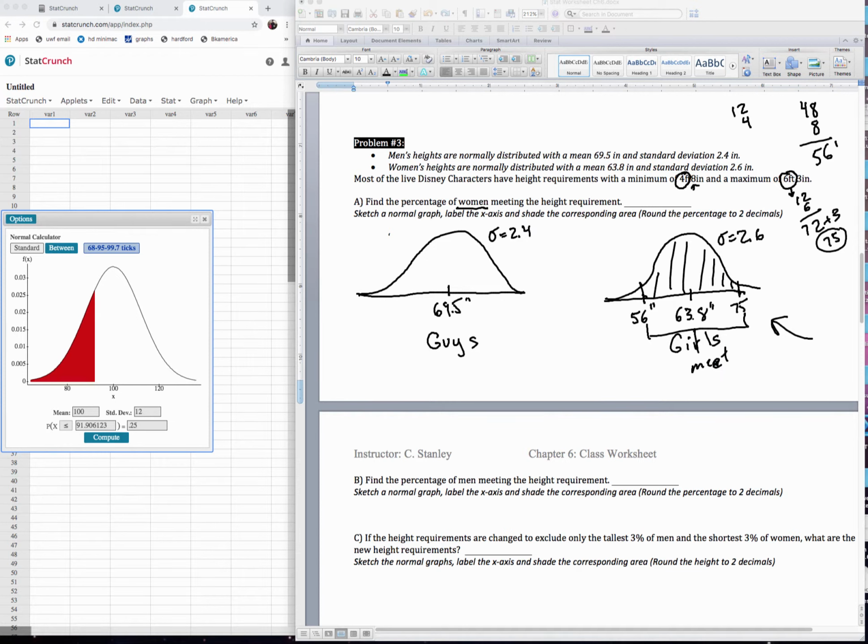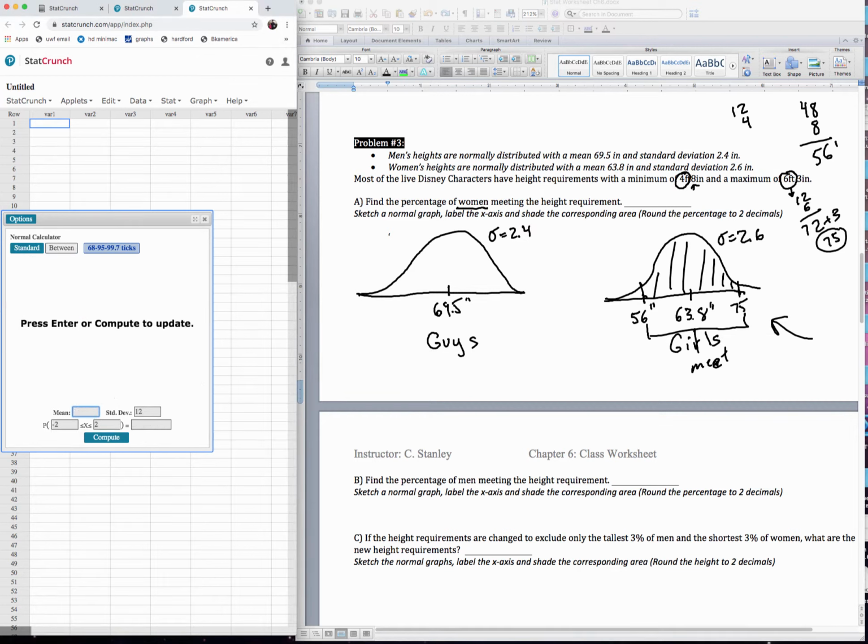So this is a between. So I go here, between. Change my mean, change my standard deviation. This is going to be my lower, this is going to be my upper.